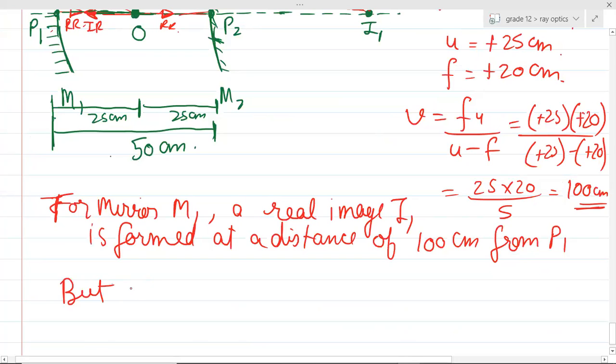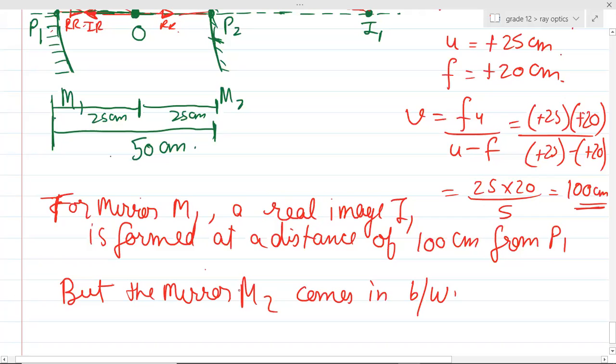But we can say this particular thing: the mirror M2 comes in between. Before this image I1 is formed, mirror M2 comes in between, right?